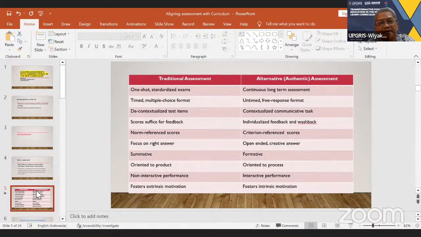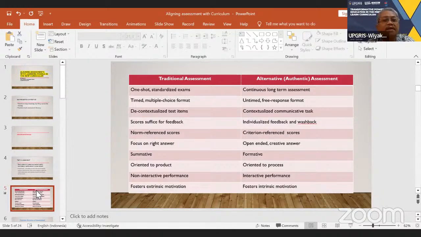Let's say in the multiple choice format, item number 1 and number 2 have no relation to one another. Item number 2 and number 3 have no relation to one another, because the items are decontextualized. They are not related to one another.